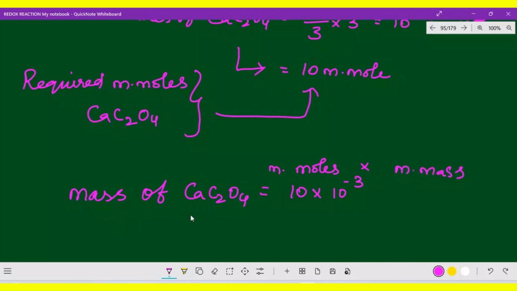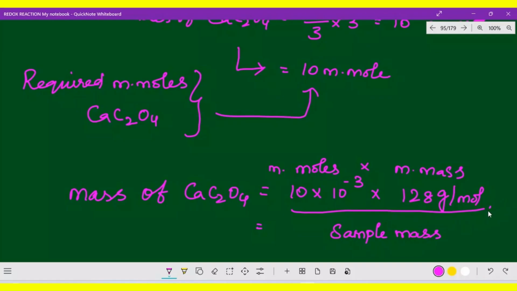Now you see mass of calcium oxalate. This is molar mass. Just now in the question they mentioned 128 gram per mole, right? Now here divided by the sample mass into 100. This is the percentage of mass of calcium oxalate, right?